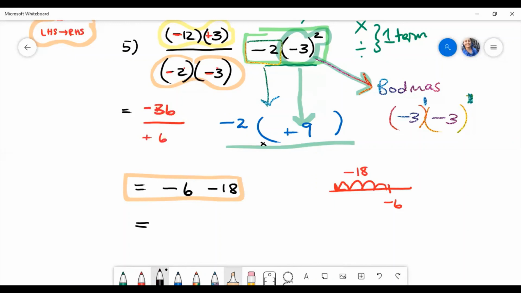So in fact, you are allowed to say the 6 and the 18, the absolute value there, together gives us 24, but the negative sign is still there because we have moved to the left-hand side. We have become more negative. Therefore, the negative 24 is in fact more negative than what I was at negative 6. Right, so our final answer is negative 24.